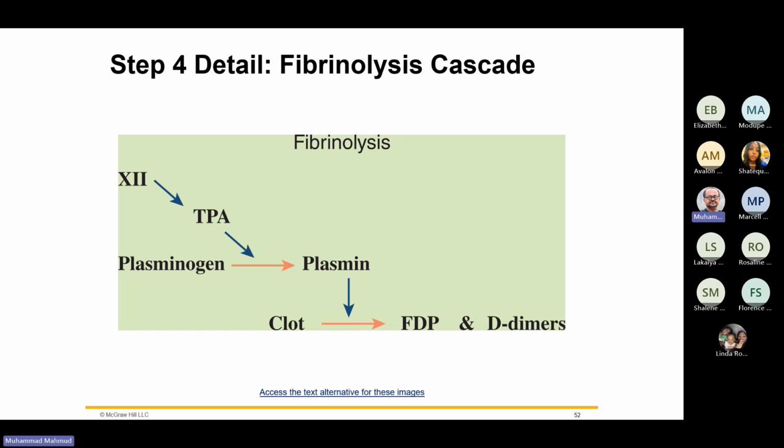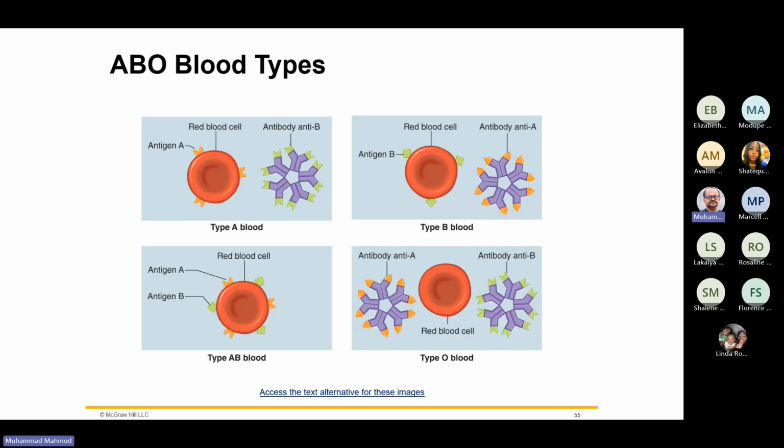If antigens on the red blood cells bind to the antibodies in the plasma, agglutination or clumping will occur. Again, antigen in the red cell, antibody in the plasma, if they bind, this process is known as agglutination or clumping.